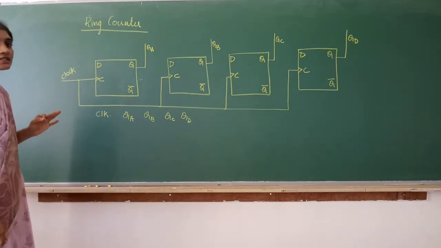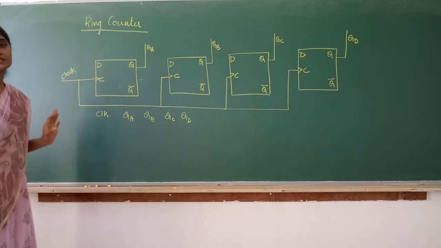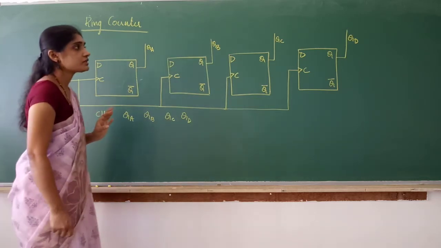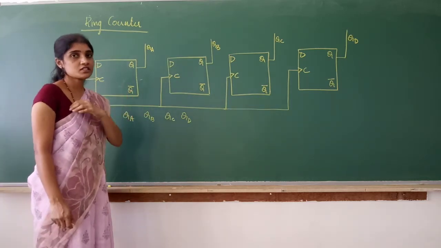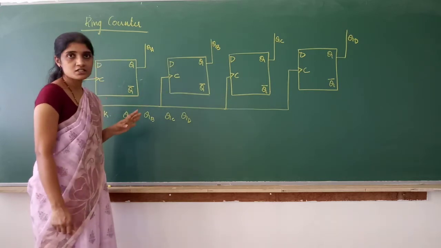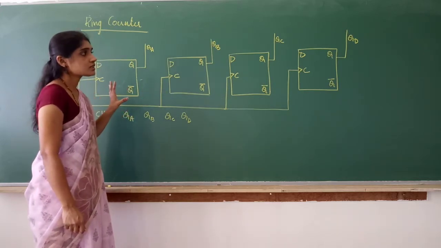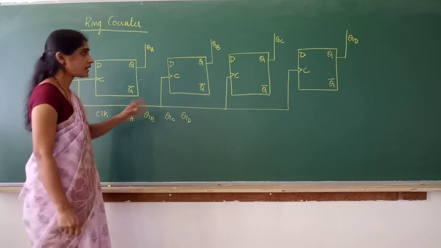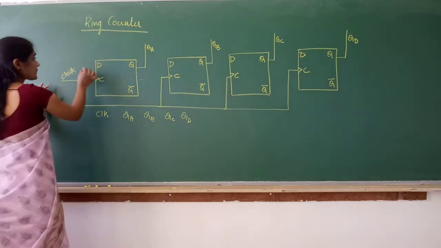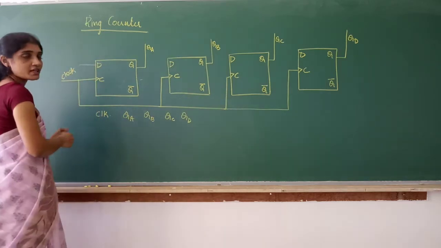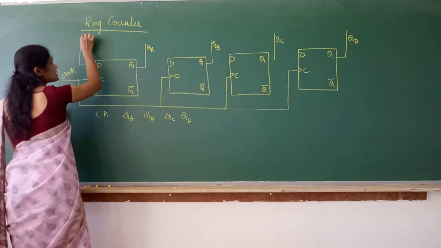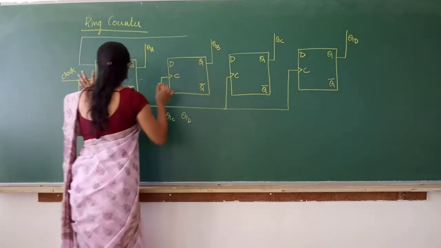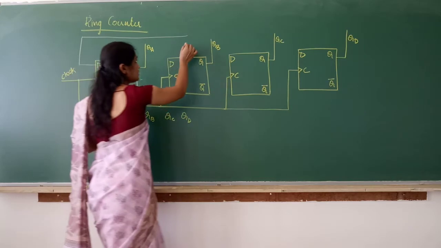Ring counter is nothing but a circular shift register. Hope you all remember the concept of shift register. So this is a 4-bit register, right? So ring counter is nothing but a circular shift register wherein the input to the first flip-flop is the output of last flip-flop. That is, the input to the first flip-flop will be QD.